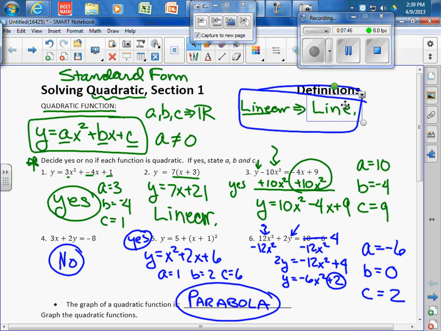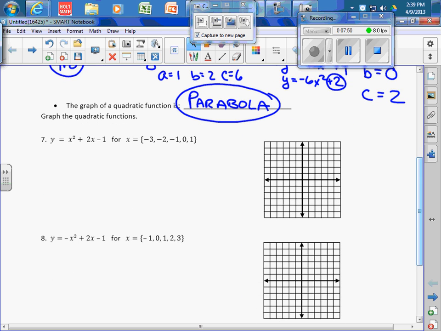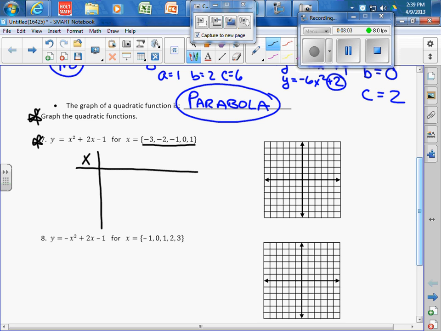Now, what I'm going to do here is graph these quadratic functions, and that means I'm going to be drawing parabolas. So I'm going to have x be equal to negative 3, negative 2, negative 1, 0, and 1.